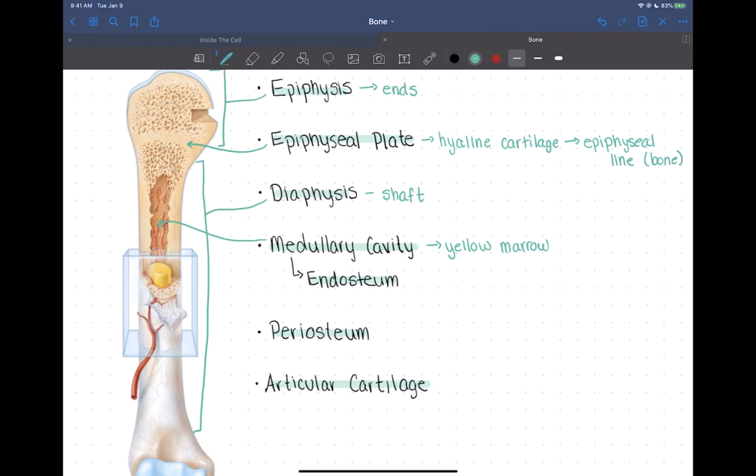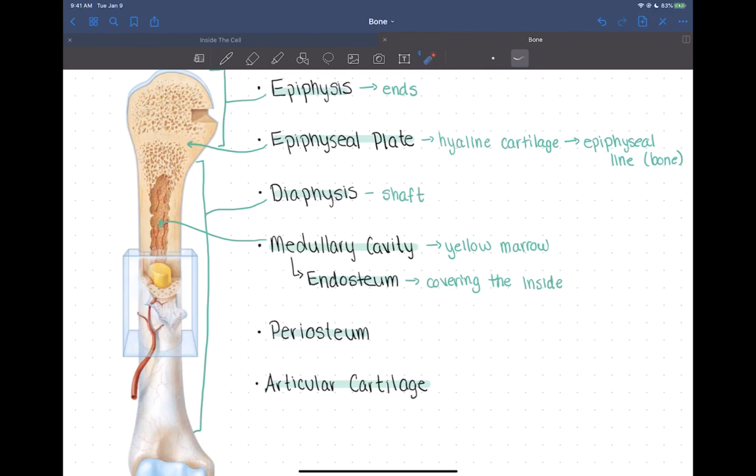All right, and this medullary cavity is also lined with endosteum. So it's lined with connective tissue, and this is going to be covering the inside. We're going to talk about that endosteum and the periosteum, which is on the outside, is going to have cells that help to grow the bone.